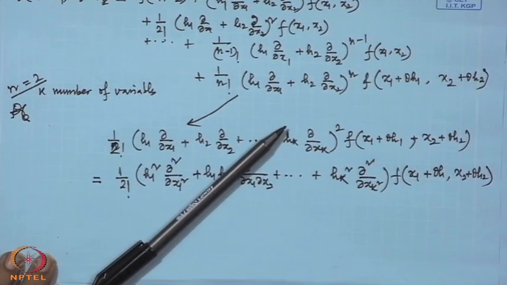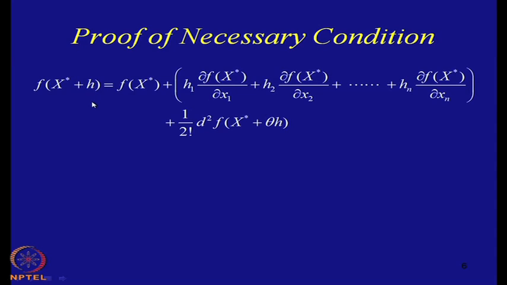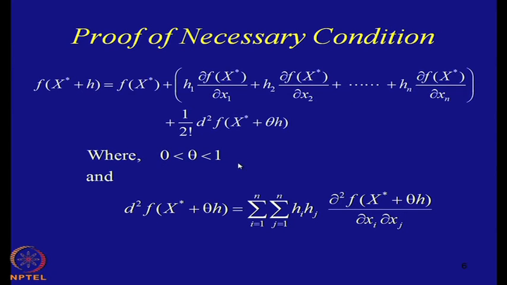Here we have considered f of x star plus h at the extreme point. We have done the same expansion, and here we have d2f equal to summation i equal to 1 to n, summation j equal to 1 to n, hi hj, del 2f of x star plus theta h, by del xi del xj.